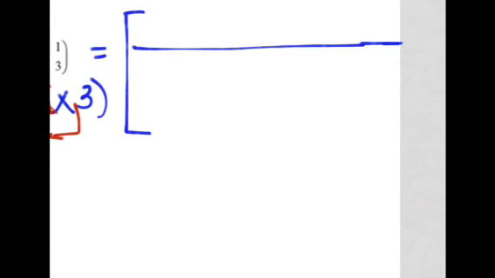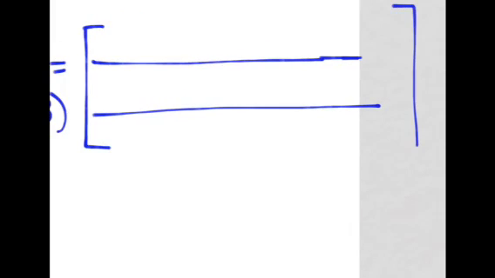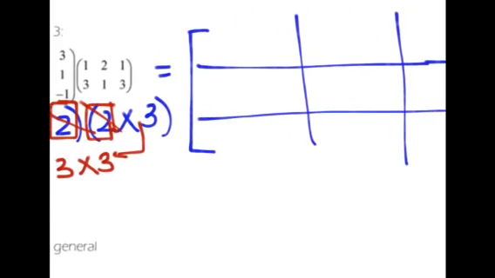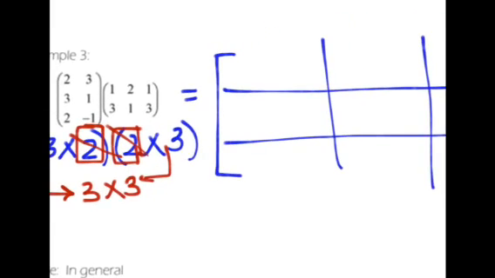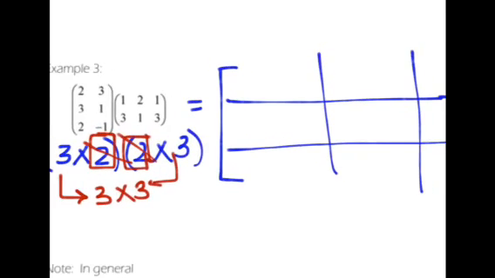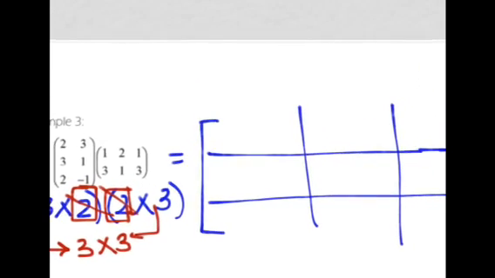I'm creating 3 rows first. Hope this is big enough. And then 3 columns. Okay, so now, same idea. This is row 1, column 1, row 1, column 2, row 1, column 3.